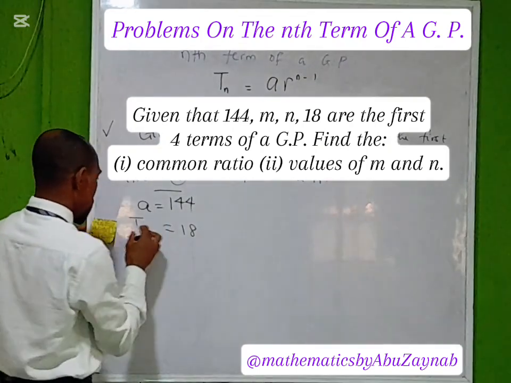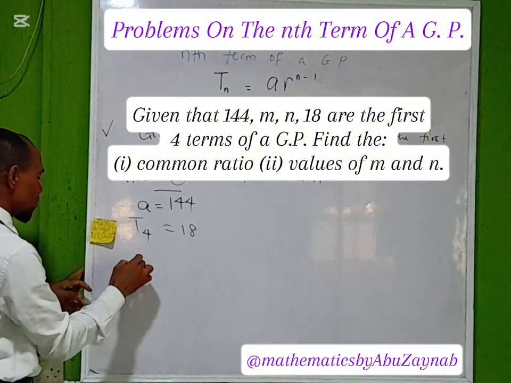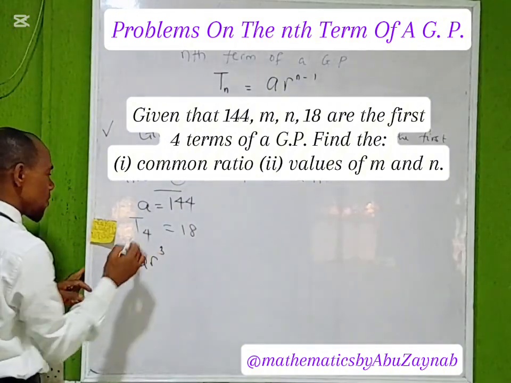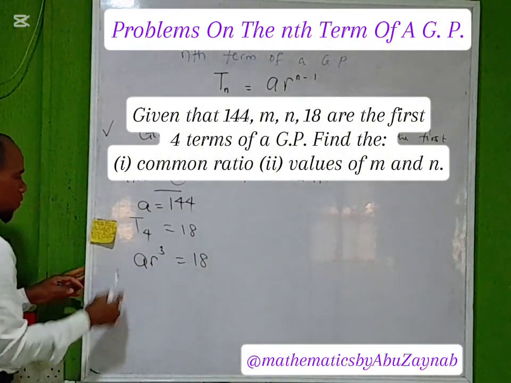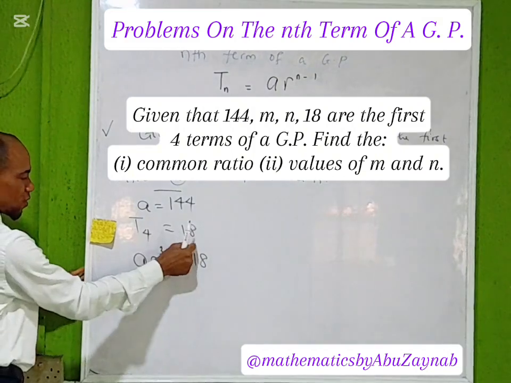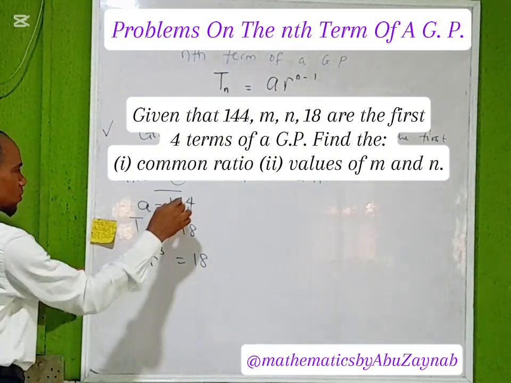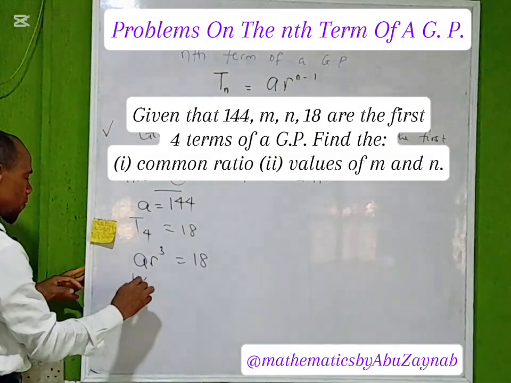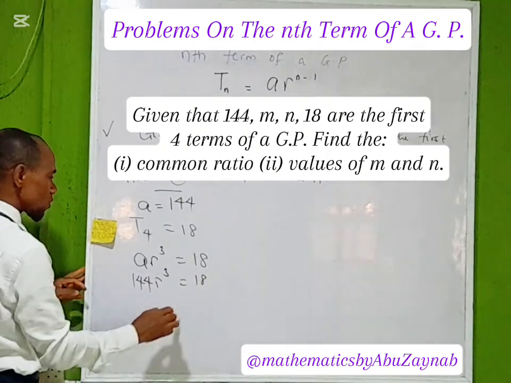From then, we recall, like I explained just a couple of minutes ago, that the fourth term in formula is A R cubed, which equals 18. A is 144, so substituting that, we're going to have this.